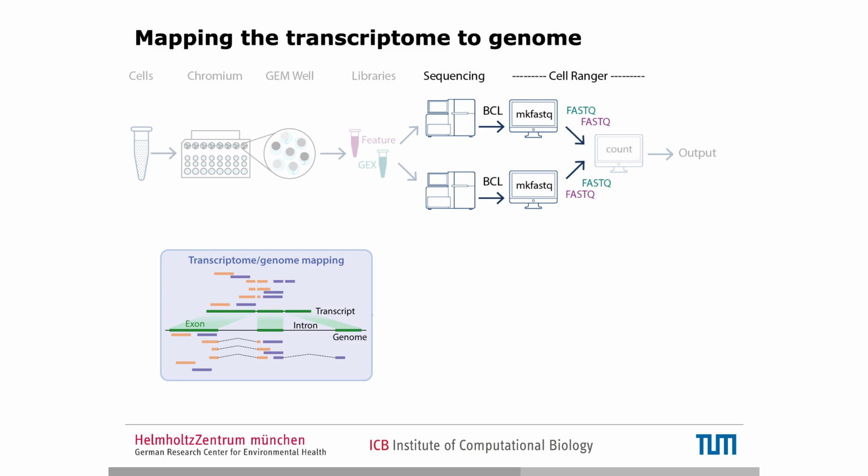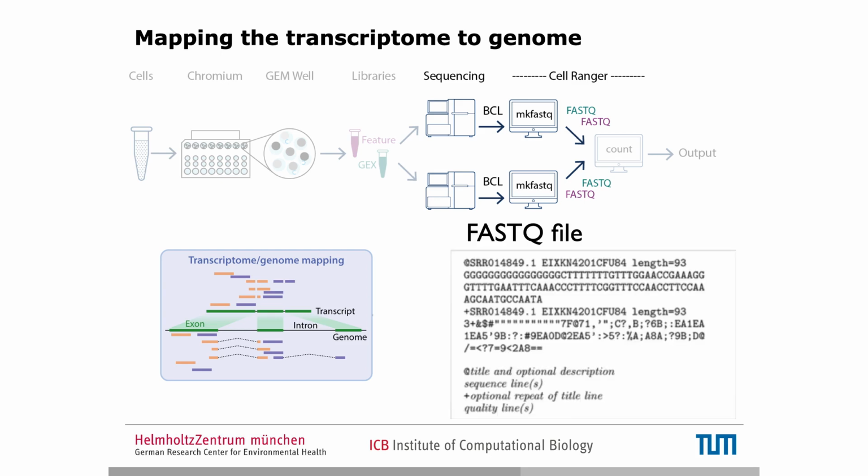So you have the short pieces of DNA, and then you have to map it to the genome. Again, this process, I would say it's still some kind of part of high performance computing, so I haven't tried it on my laptop. I always went to a server when I wanted to map data.